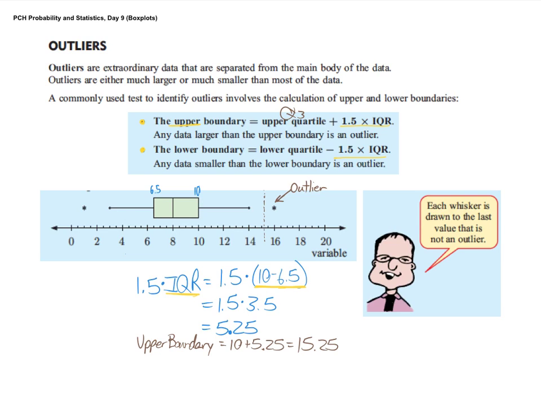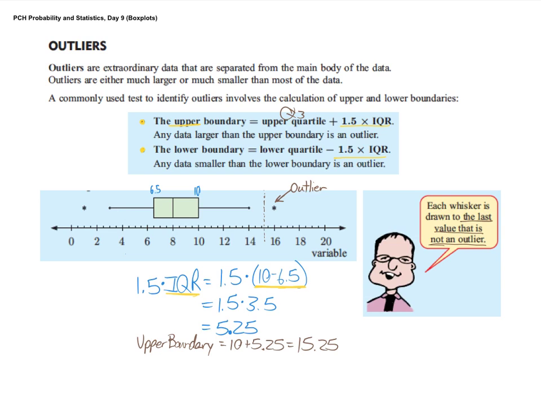Now, you'll notice in this case, the whisker doesn't go all the way to the boundary. And that's where this little note here is telling us each whisker is drawn to the last value that is not an outlier. So in our data, we must have had a score of 16.